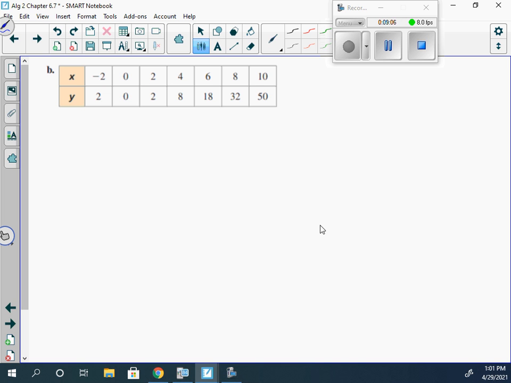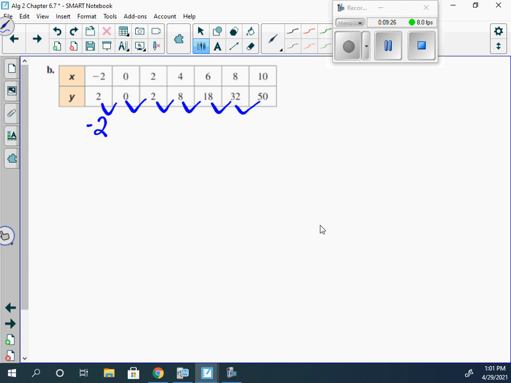So let's look at our differences. And the way that we can look at differences, if it's hard to see between each number, we can go new minus old. So the first one would be 0 minus 2, which is negative 2.